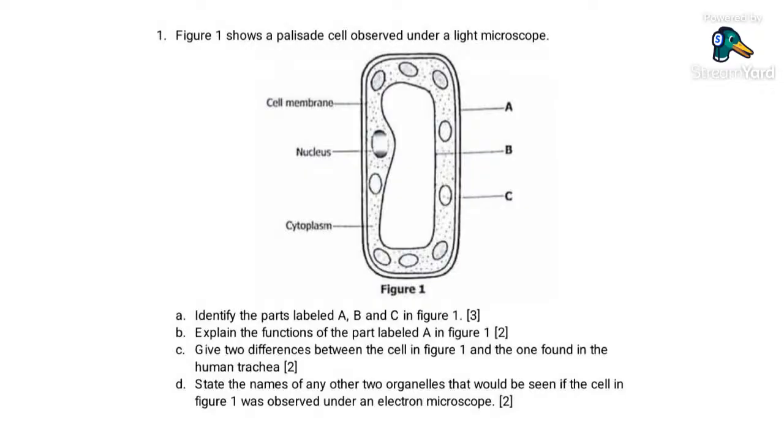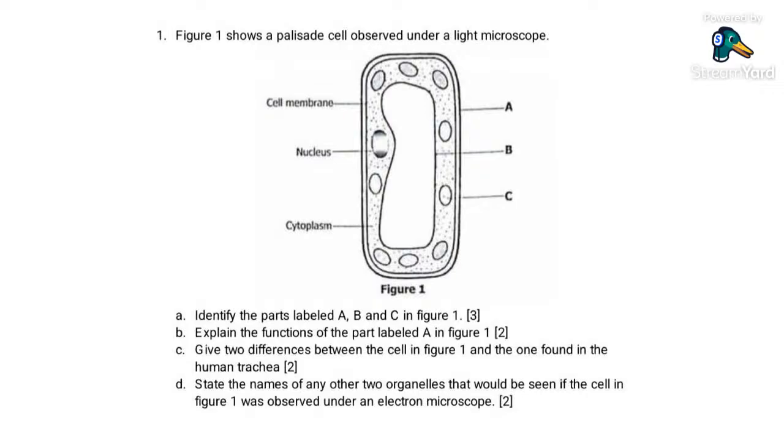All kinds of substances can pass through the cell wall because it is not selectively permeable. Anything can pass through it. Otherwise, the main function of the cell wall, which is part A, is that it protects the cell against physical damage. That's the answer for question B.